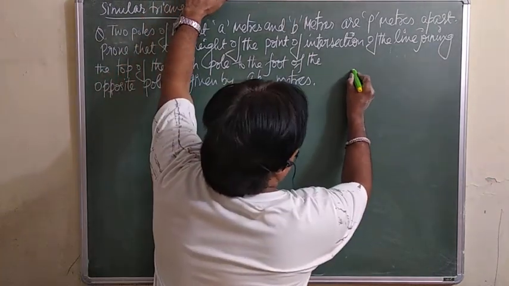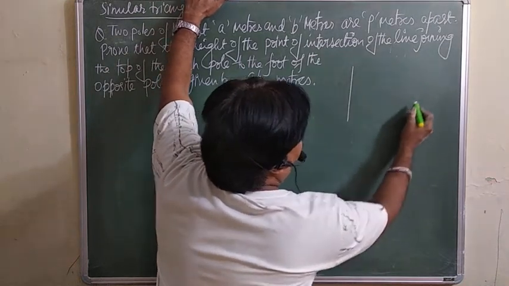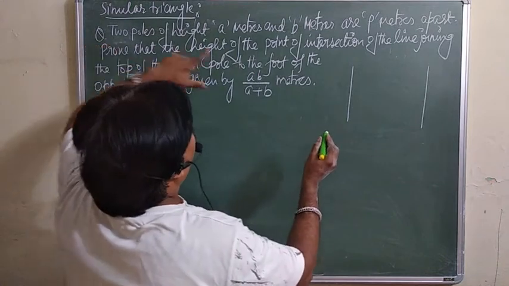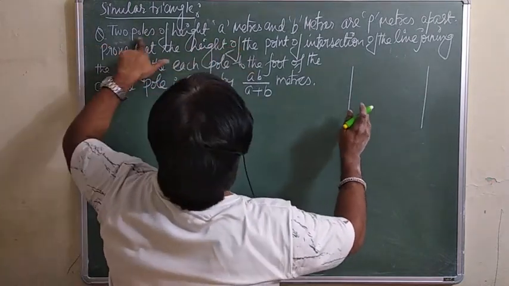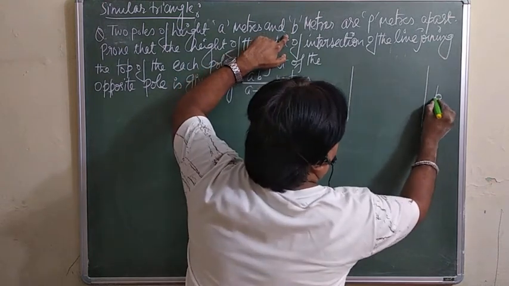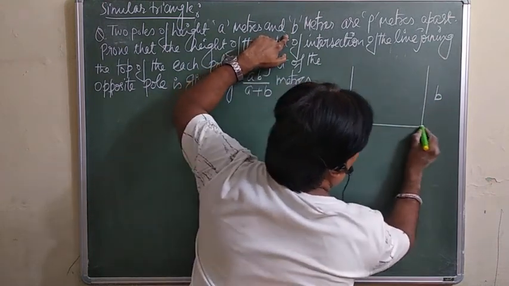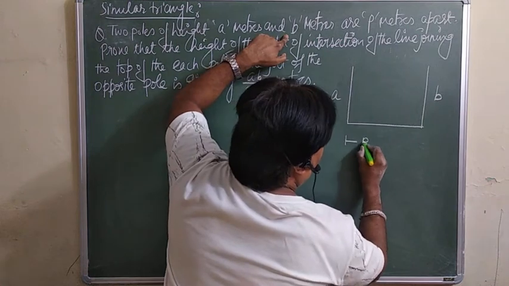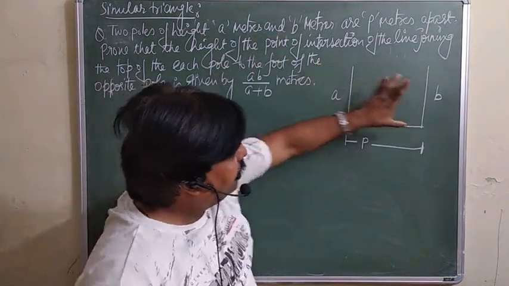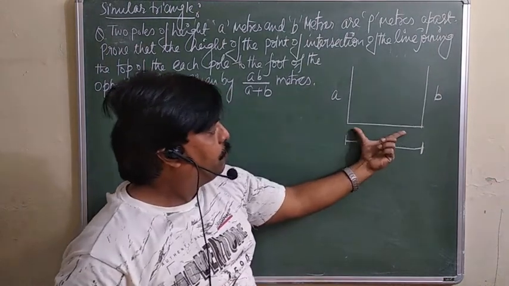For your own convenience you can assume these are the two poles. The heights of the two poles are A and B. This is your A meter and this is your B. The distance between these two poles is given, P meter. The height of the poles is A and B, and the distance between the poles is P.